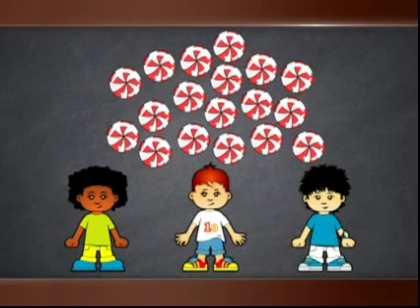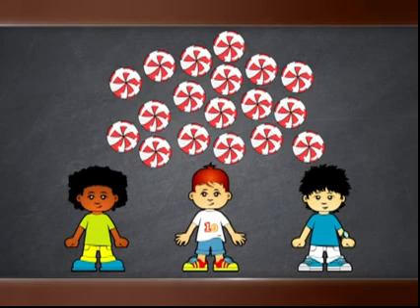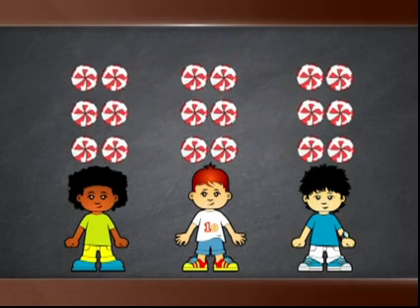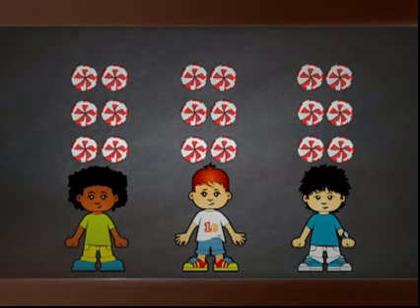How many pieces of candy will each person receive? Well, since 18 divided by 3 equals 6, it turns out that each person will receive 6 pieces of candy. It's that simple, and that's the main idea behind division.